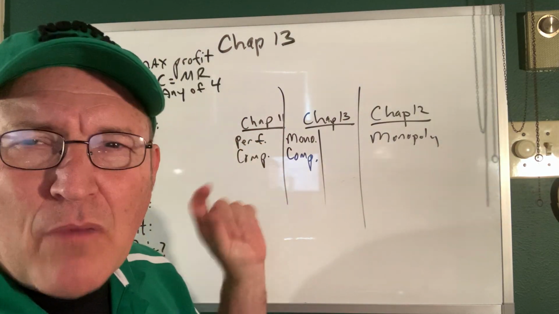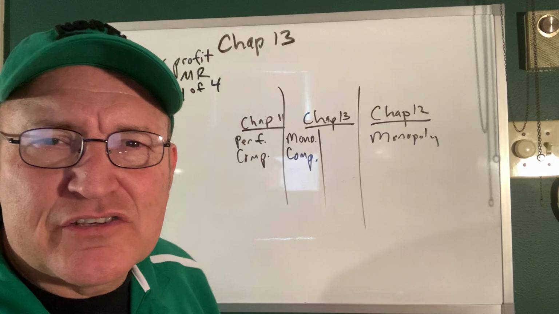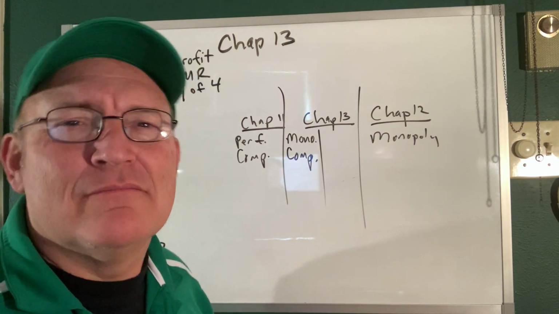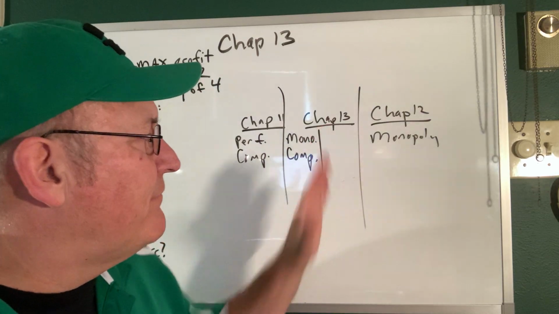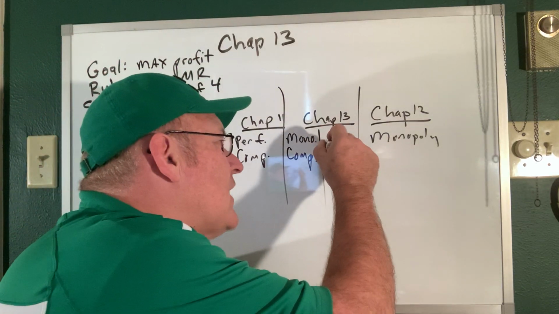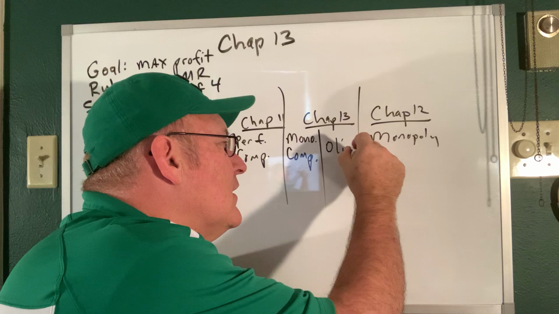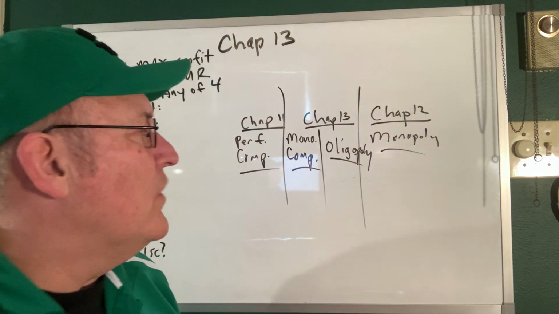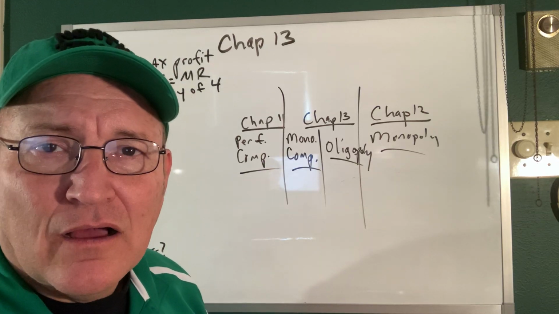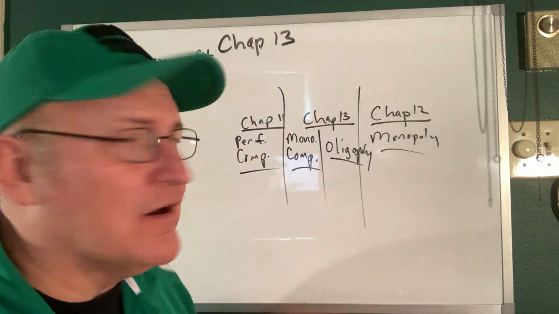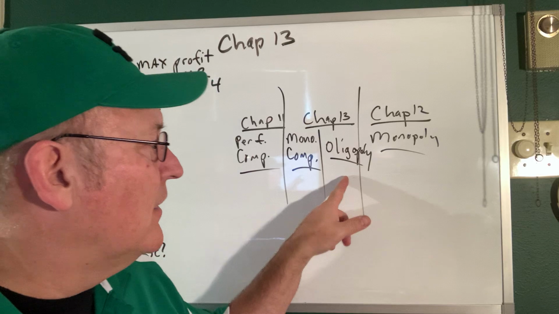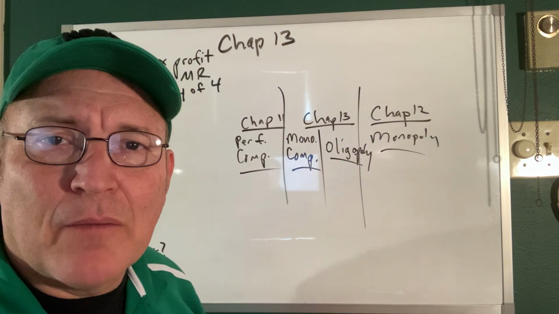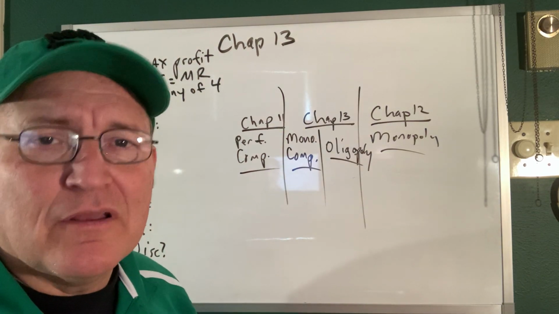But it has this weird modifier, monopolistically competitive. What's that all about? Well, we'll talk about it. And then the fourth and final one is oligopoly, which again is not a competitive market structure. Okay, it's a market structure in which the market is dominated by a few dominant firms.